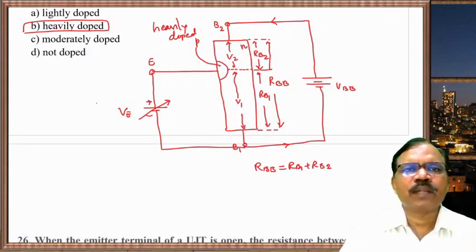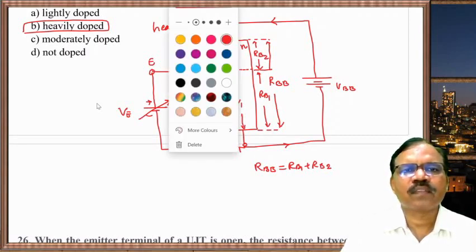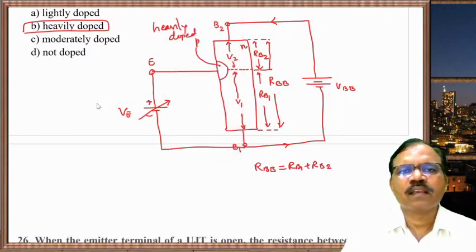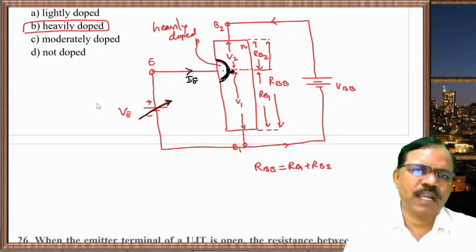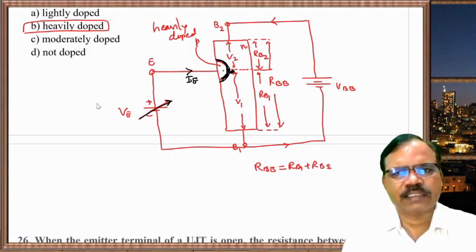So whatever potential here, and the applied potential VE, this junction may become forward bias or reverse bias, and you can go on changing VE, and we can measure the corresponding IE. And if we plot a graph of that, that is called emitter characteristic.